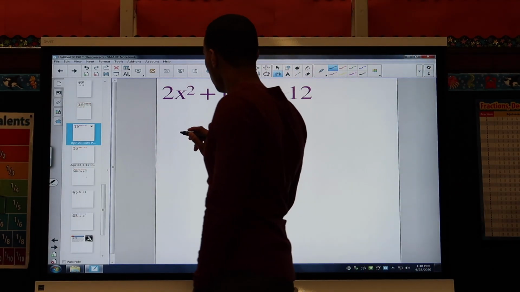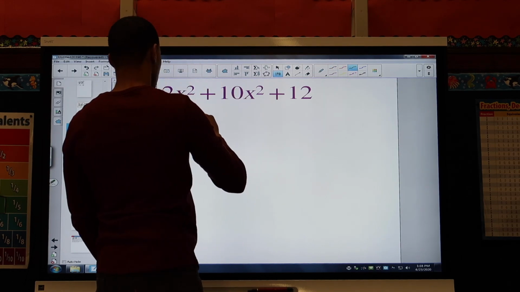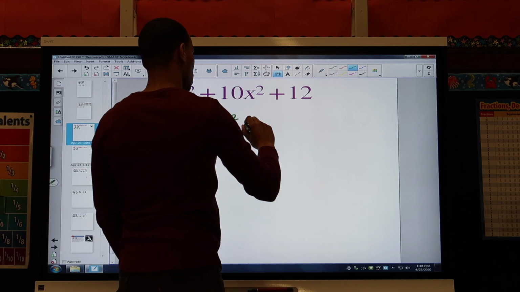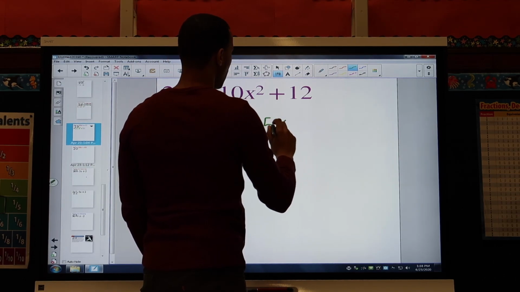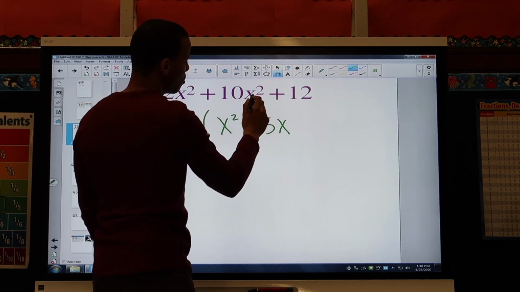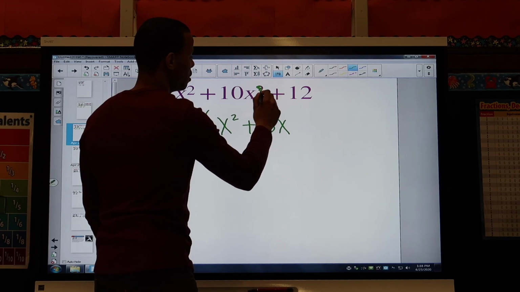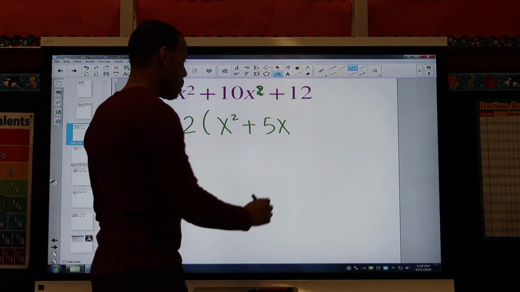So then this would be equals 2 times x squared plus 5x. And I wrote this as 10x squared. This should have been 10x, okay? So that's 5x plus 6.